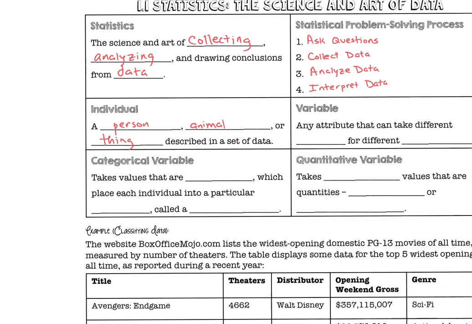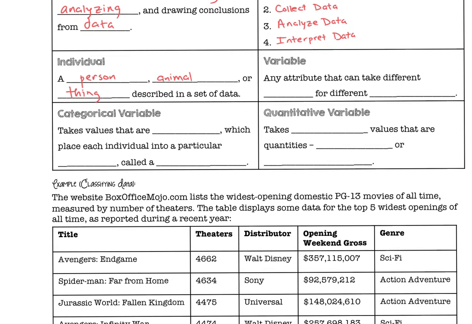And so we'll have a group of individuals. Sometimes it'll be 30 individuals. Sometimes it may be 500 individuals, maybe 1,000, depending on what our study is and how big our sample size is. And then what will happen is we'll be taking those individuals and looking at variables that describe those individuals.